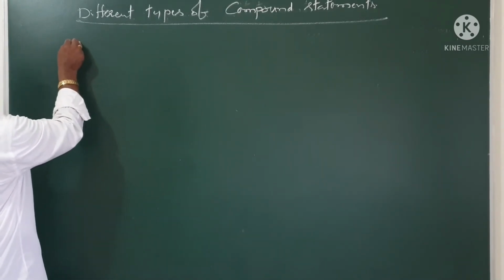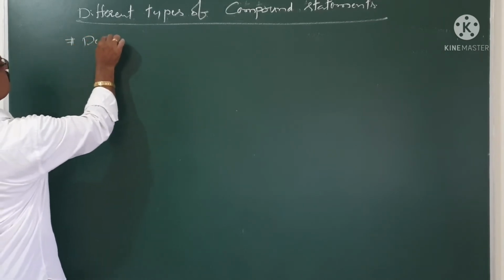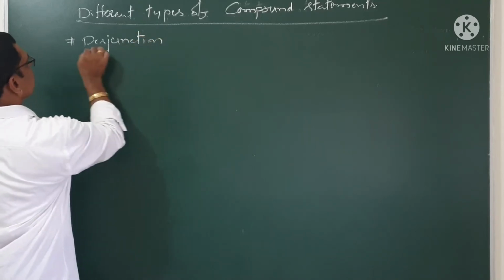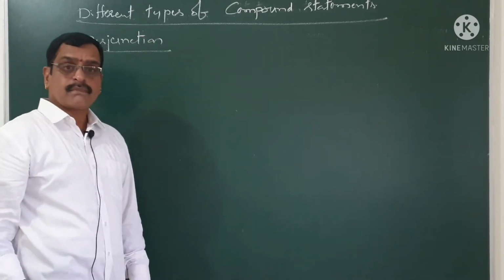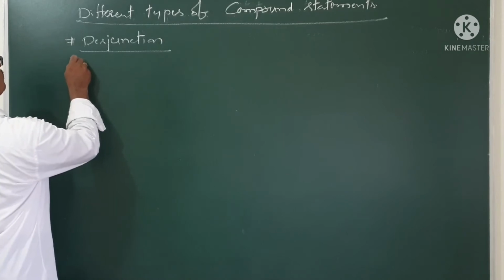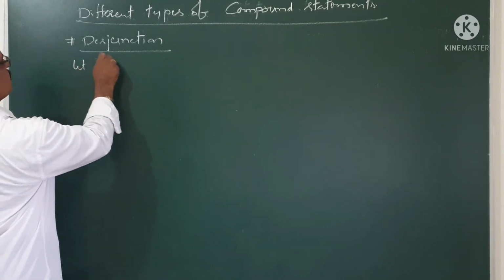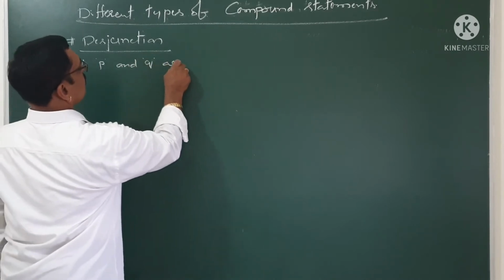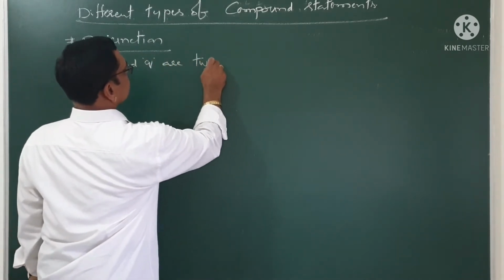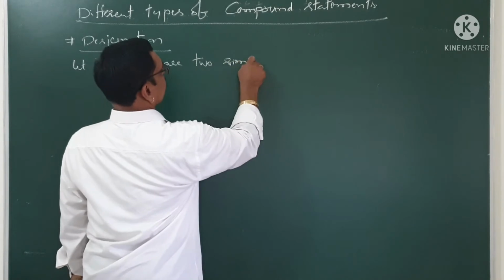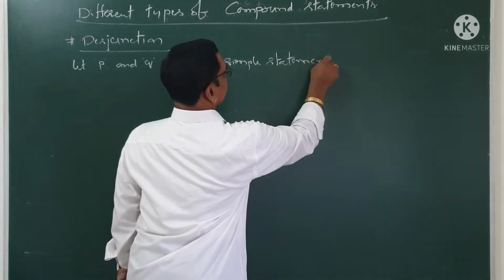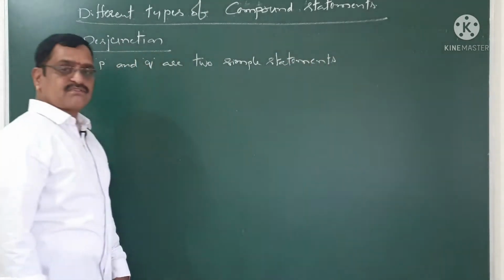The first compound statement is disjunction. Let P and Q be two simple statements.